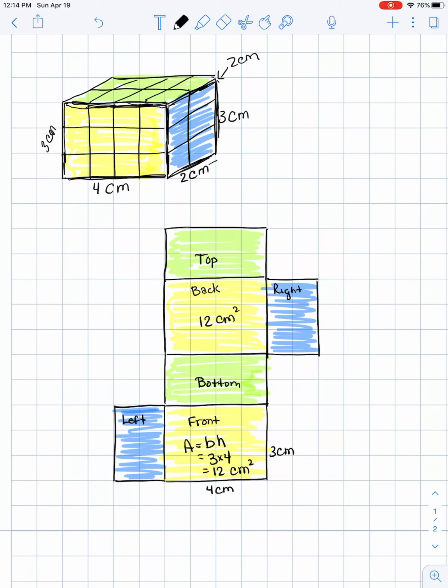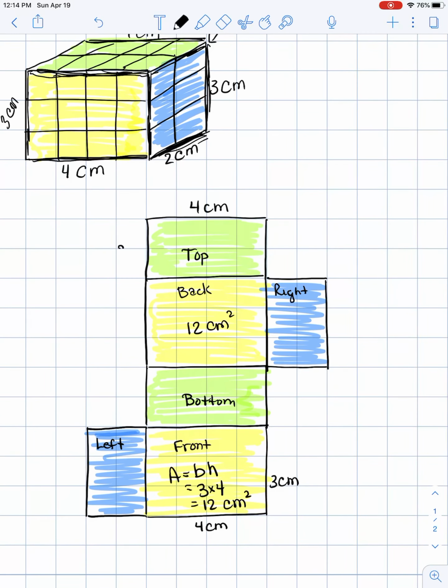So we have 4 centimeters, and this is 2 centimeters.